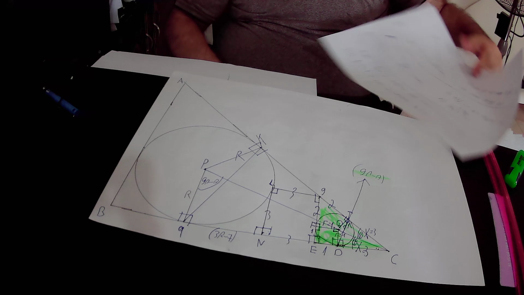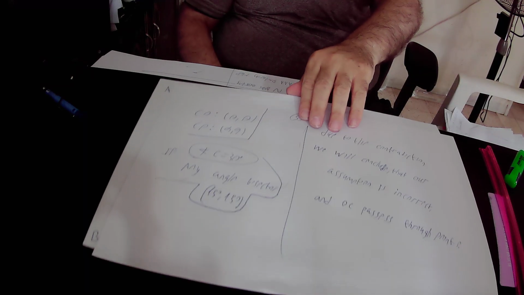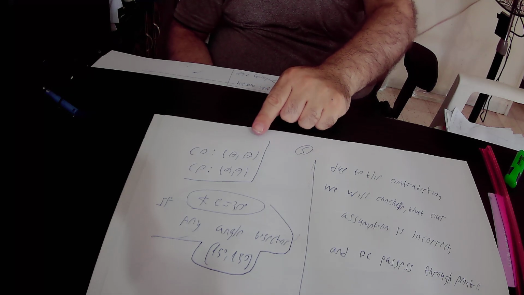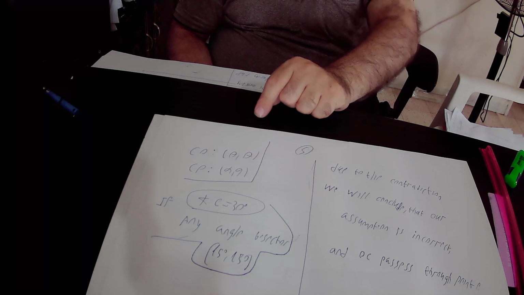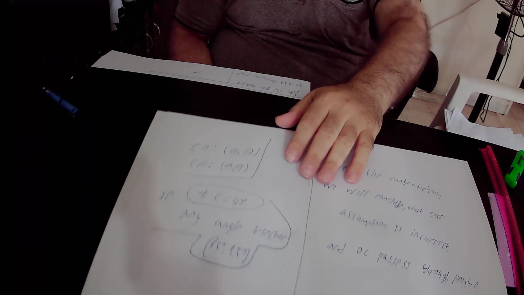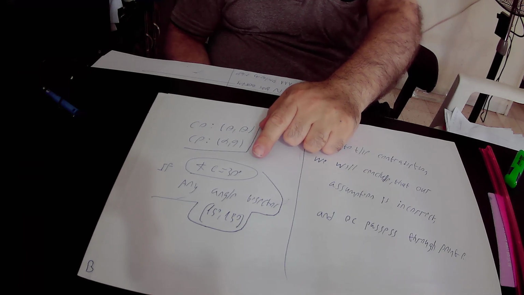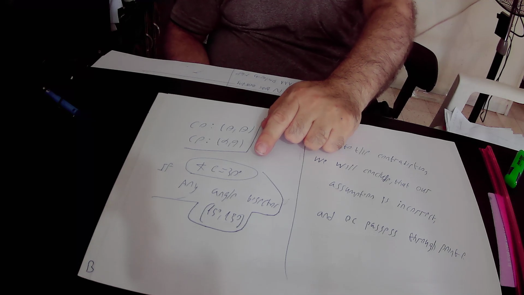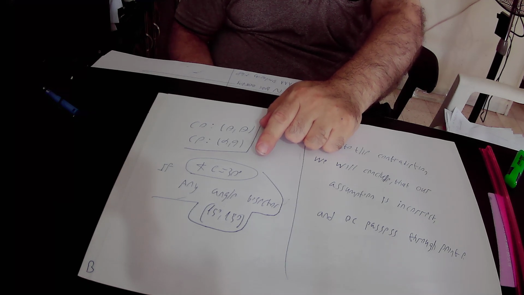While the angle bisector CO bisected it into theta and theta, the angle bisector CP bisected it into alpha and alpha. And this is not possible. Why? Because if angle C, for example, is equal to 30 degrees, any angle bisector will bisect it to 15 degrees and 15 degrees only, and not to any other angle.